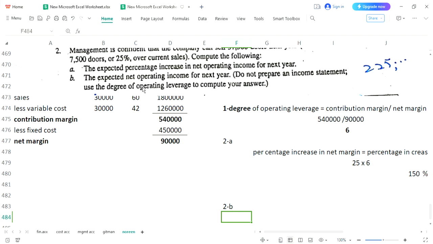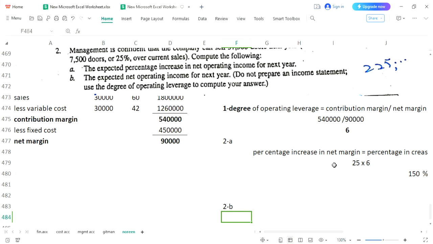What he wants us to find is, if you increase the number of units to be sold by 25%, how much would your net income increase? The question is, if you increase your level of production, how much would your net income increase? You are not even making an income statement. You are not practically taking risk. Just with a single statement, you can predict your income and your sales.